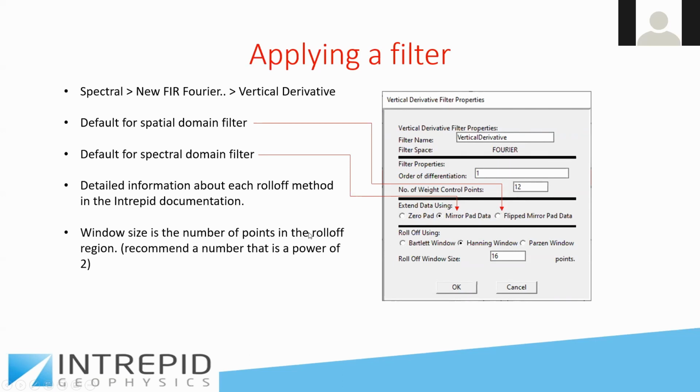Can you expand a bit on the number of weight control points? Is that something we can change, and what does it do to the data? Sure. So that is changing the number of points that is used to calculate the vertical derivative at each data set point. The more weight control points you use, the larger trend of the vertical derivative it's going to take.